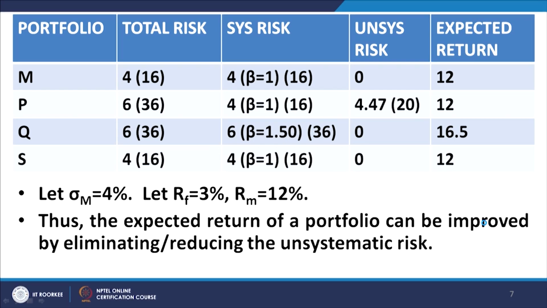What the example attempted to convey to the learners is that if now we construct a portfolio Q that has the same total risk as portfolio P, but that eliminates the unsystematic risk component in favor of the systematic risk component, in other words, it substitutes the unsystematic risk by the systematic risk, although retaining the same level of total risk, then the portfolio Q is able to earn a higher expected return, that is 16.5%.